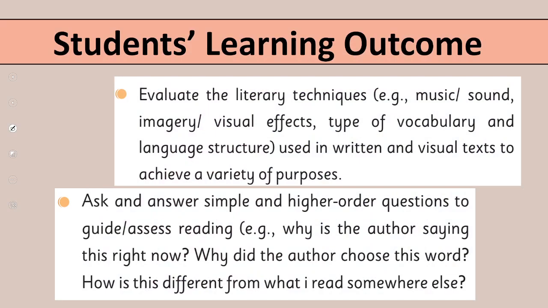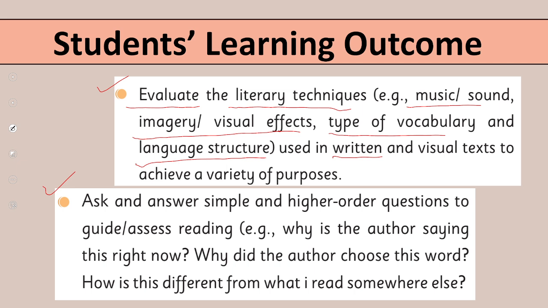So we have two SLOs merged into one lecture. The first one is that we evaluate the literary techniques, for example, music or sound, imagery or visual effects, type of vocabulary and language structure used in written and visual texts to achieve a variety of purposes.